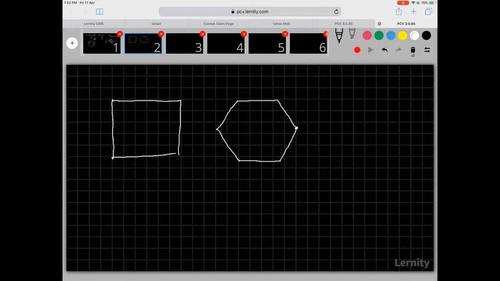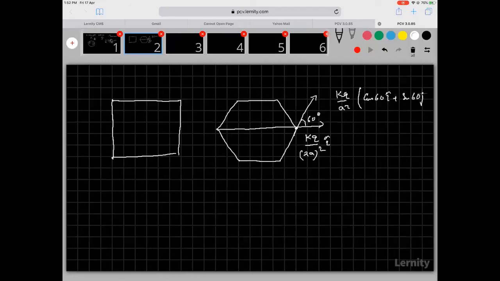Now, if I have to find out the electric field here, this electric field is equal to KQ by 2A squared I cap. This angle here is 60 degrees, so cos 60. So I can write this as KQ by A squared, cos 60 I cap plus sin 60 J cap. Now this one will be cos 60 I cap, and it will become minus sin 60 J cap, right?